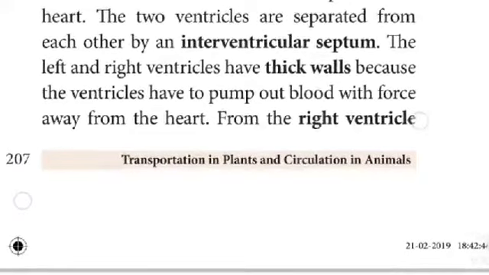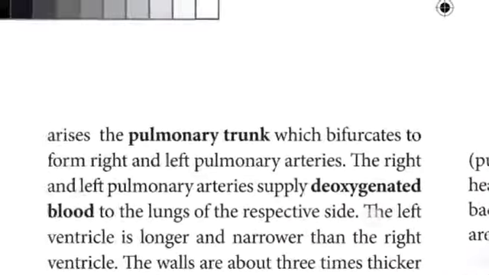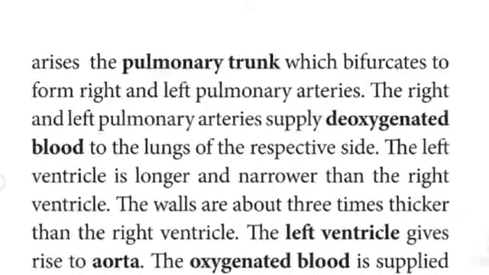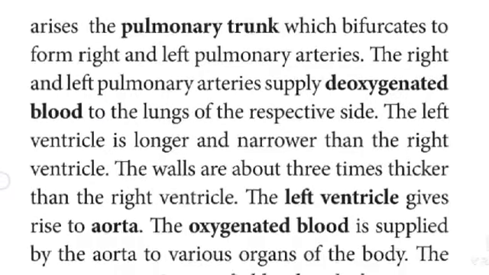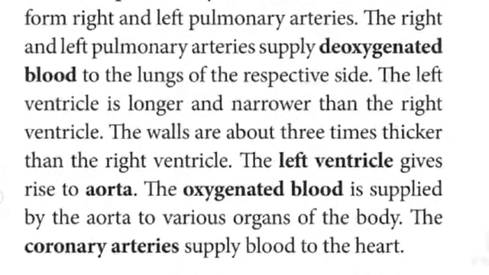From the right ventricle arises the pulmonary trunk, which bifurcates to form right and left pulmonary arteries. The right and left pulmonary arteries supply deoxygenated blood to the lungs of the respective side.